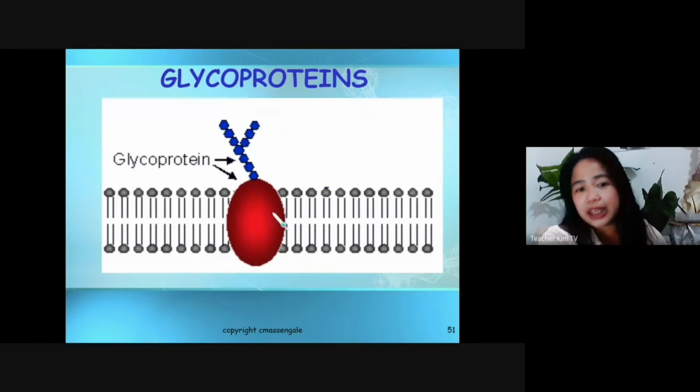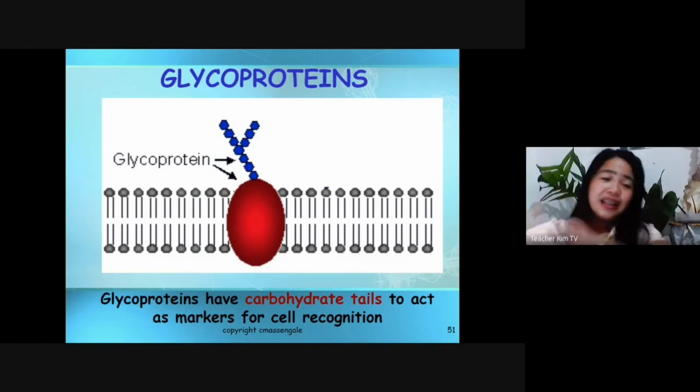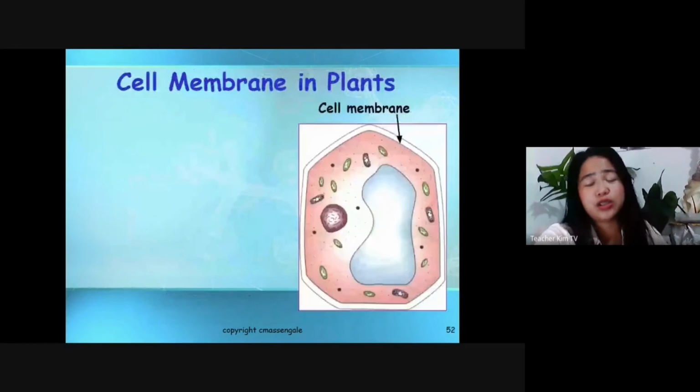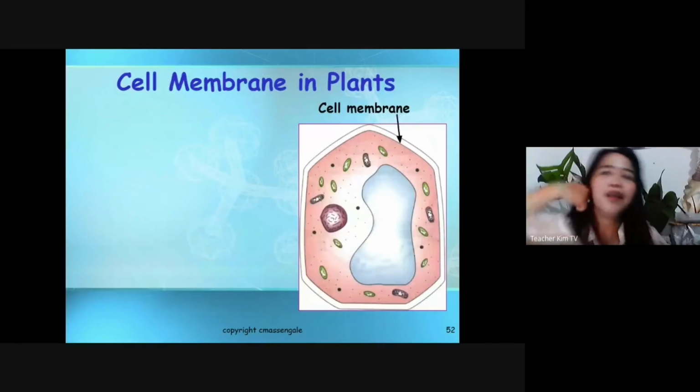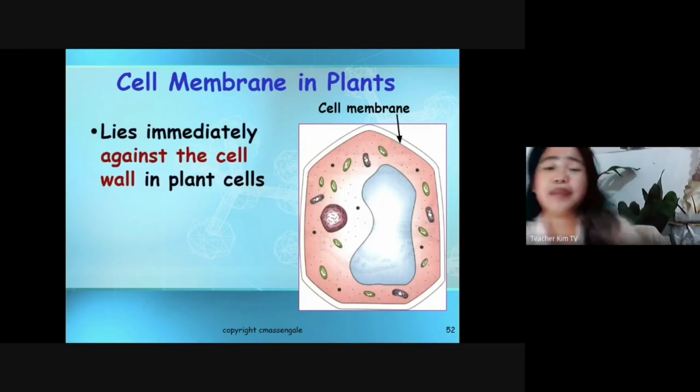So, ano ba yan? So, glycoproteins, they have carbohydrate tails to act as the marker for cell recognition. So, yung mga cell natin sa katawan, mayroon silang tinatawag na cell recognition para ma-identify. Kasi, di ba, maraming types yan. Lalo na kapag nagkakaroon ng reactions ang katawan natin or ang mga cell natin sa mga foreign bodies.